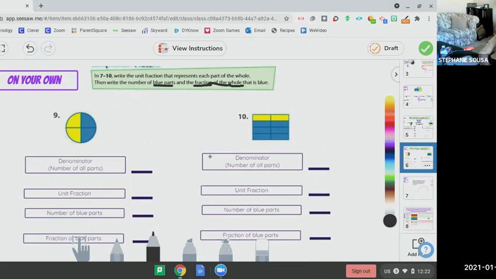Number of all parts. Get your dot ready. 1, 2, 3, 4. There are 4 parts on this circle. We did good on that one. We got that.